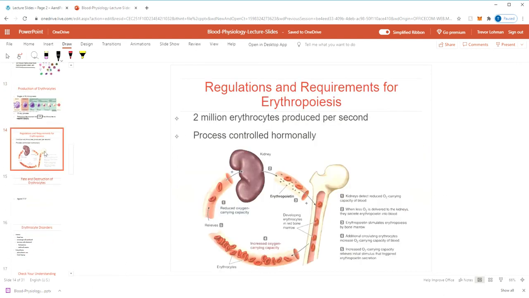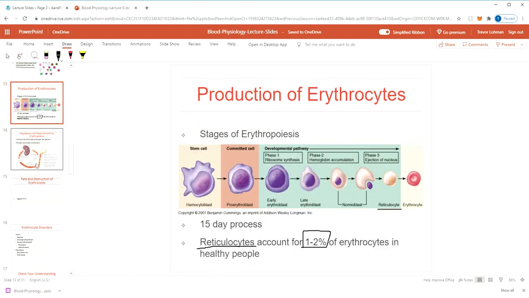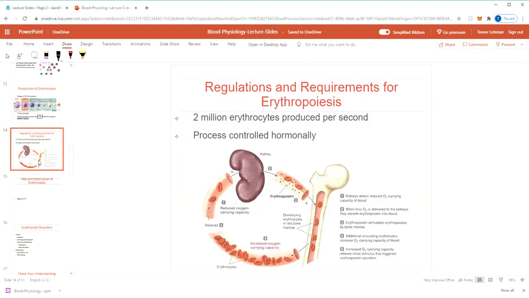And that's regulated hormonally. So you produce about 2 million of these every second. Basically, your kidneys are capable of detecting the oxygen carrying capacity of your blood. So if they detect a decrease in oxygen carrying capacity, your kidneys release something called erythropoietin, or EPO, into the blood. And EPO stimulates what we just saw on this last slide, erythropoiesis.